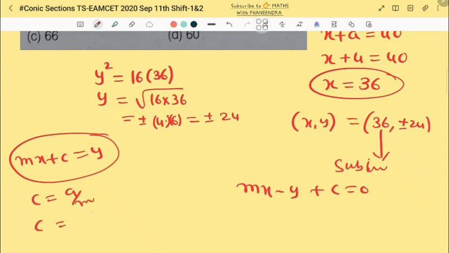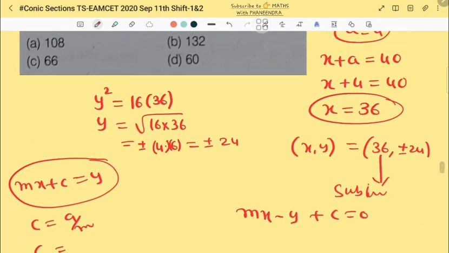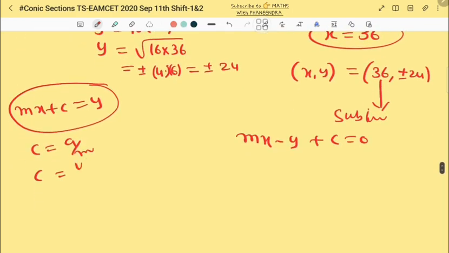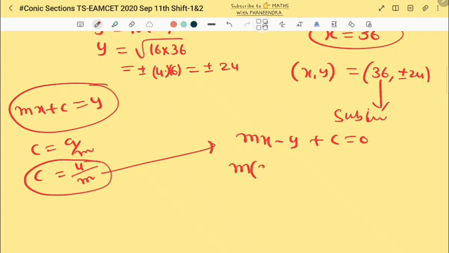C equal to a by m, a value is 4, by m, the value we don't know. So c is equal to 4 by m. Substitute in this: x value 36, y value plus or minus 24, c value 4 by m.